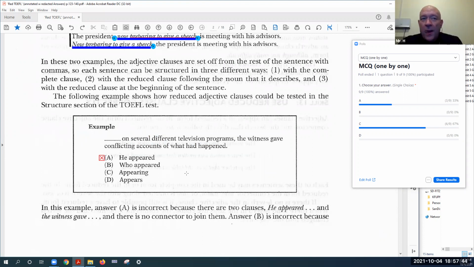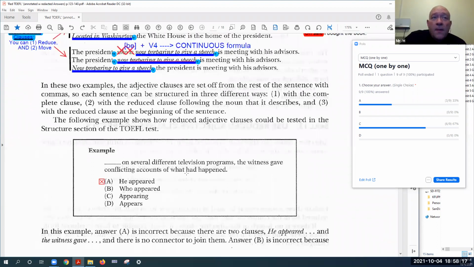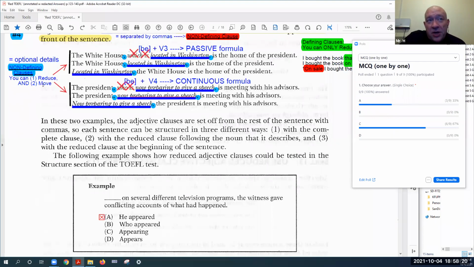Now, what's wrong with Alpha? If I start, he appeared, subject verb, right? He appeared on several television programs, comma, then another subject, witness, gave, conflicting accounts. What's the problem? It's already reduced. Well, if you look at the examples that are reduced, what do you see at the beginning? Verb 3.